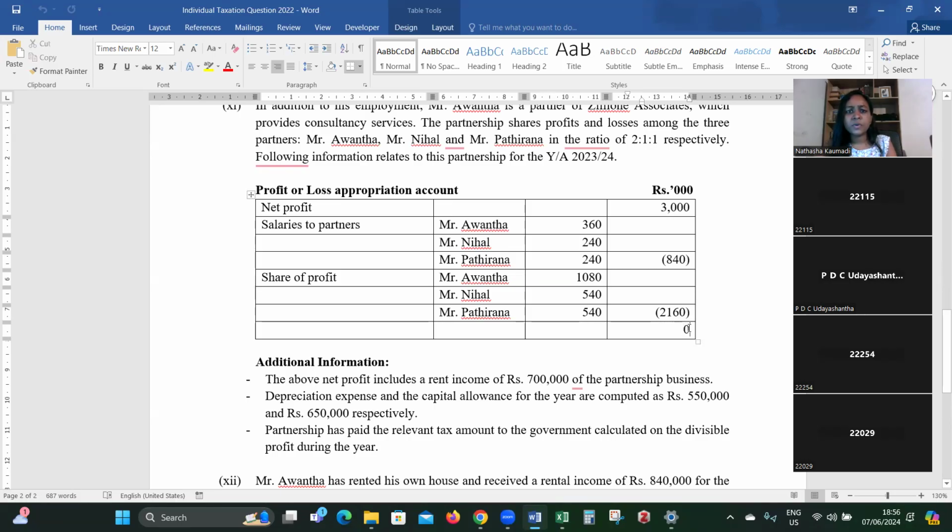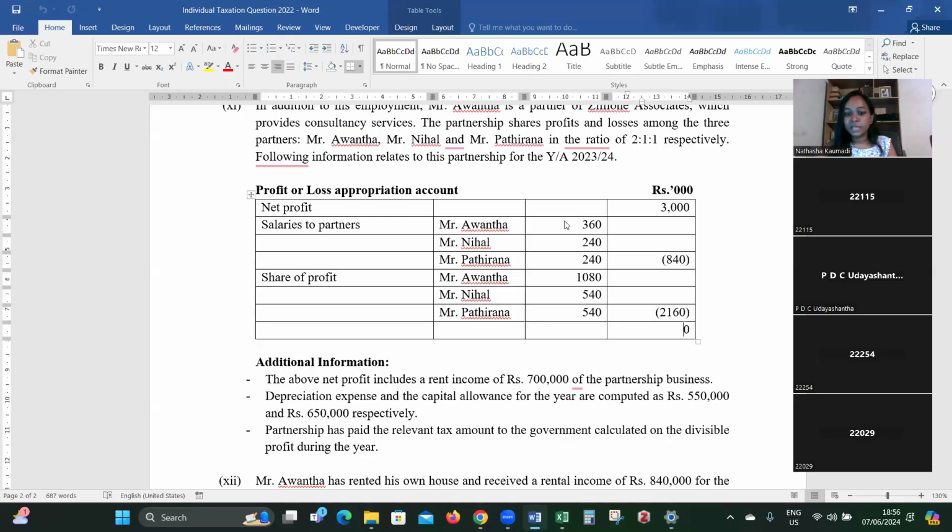How does that 0 come? Out of the 3,000 net profit, the 840 salary has been deducted, and the balance share of profit, 2,160, has been divided between these three partners. So there is no balance. Now my question is, this 3,000 net profit, as you can see, is it after deducting salary or before deducting salary?